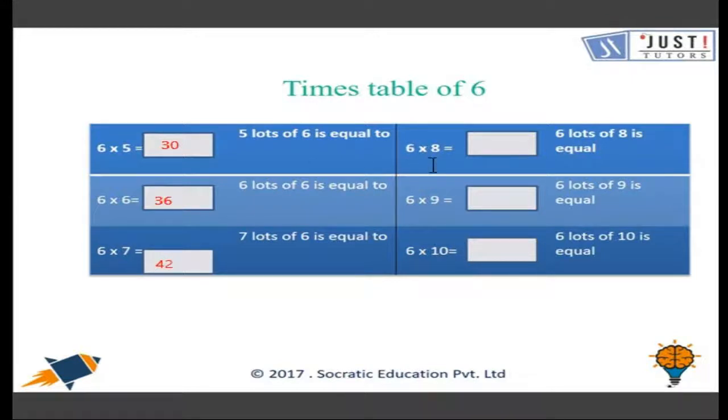Then 6 lots of 8 is equal to 48. Then 6 lots of 9 will be 54. Then 6 times 10 or 6 lots of 10 would make 60.